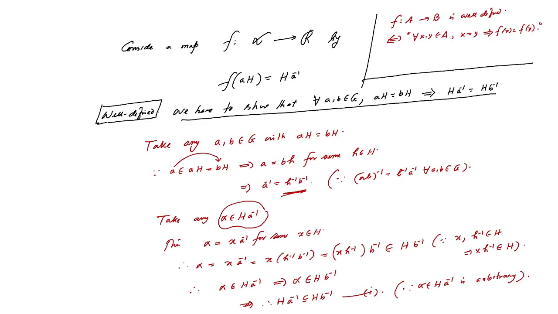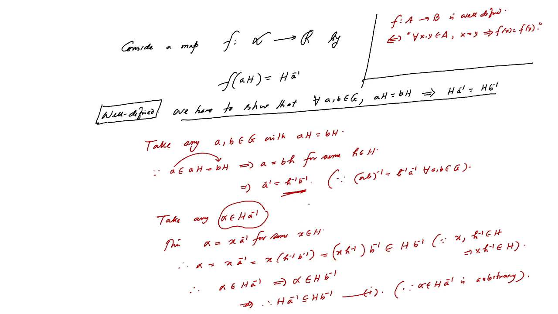So conversely, let beta belong to Hb inverse. So then what can we write? Beta equals yb inverse for some y belongs to H. So therefore beta equals yb inverse, and here b inverse is b inverse.